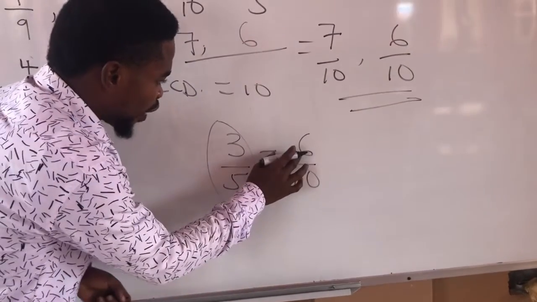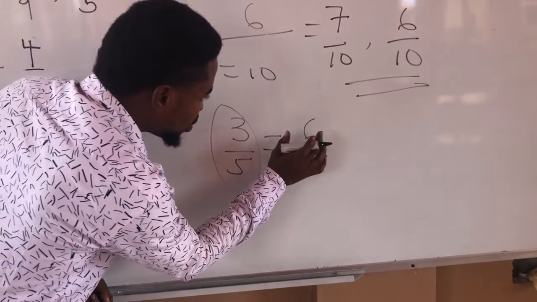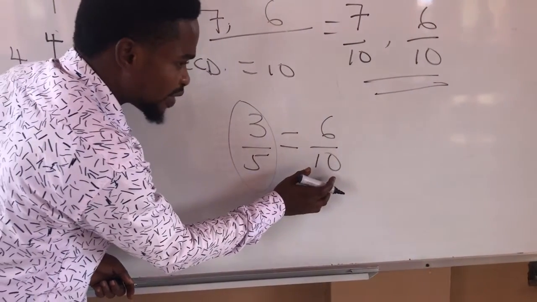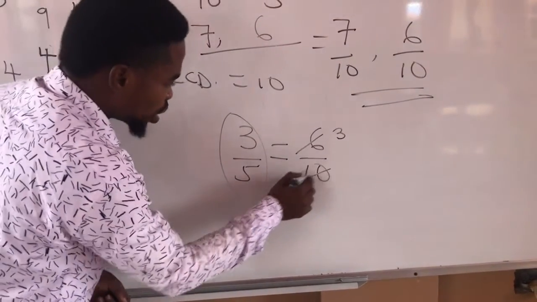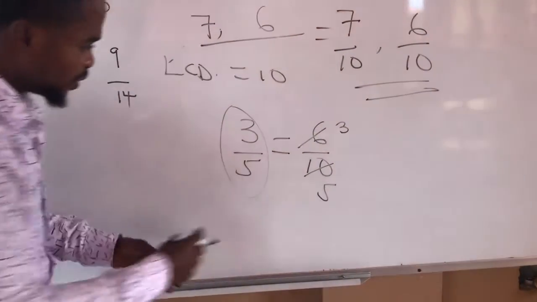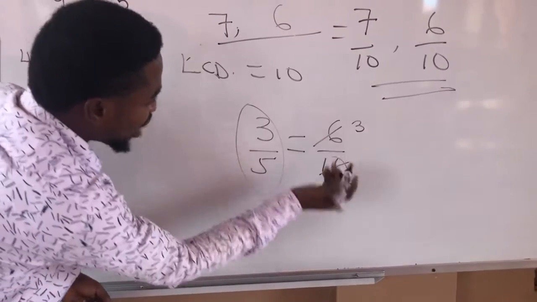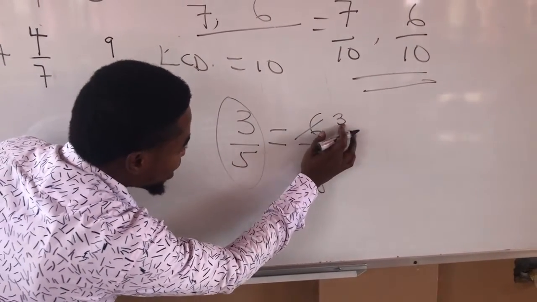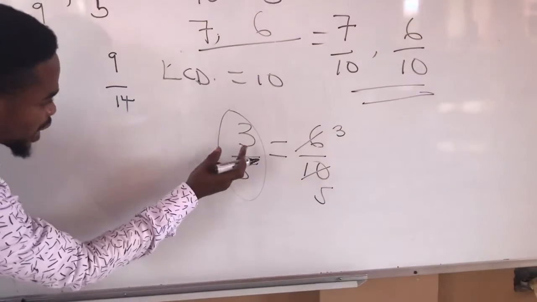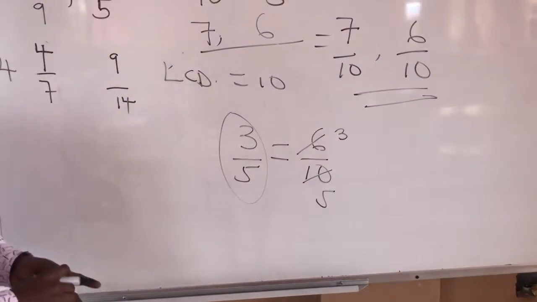We look for a number that can go into 6 and go into 10. So 2 goes into 6 three times, and 2 goes into 10 five times. So breaking down the 6 and the 10, we get 3 out of 5. We also get 3 out of 5.